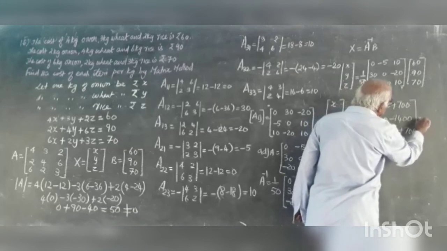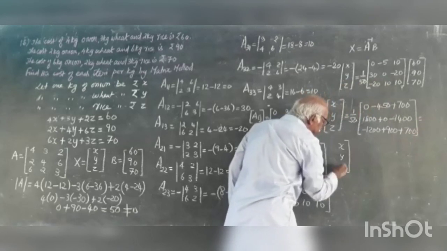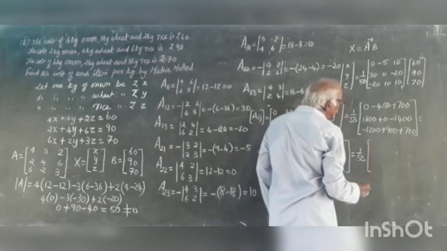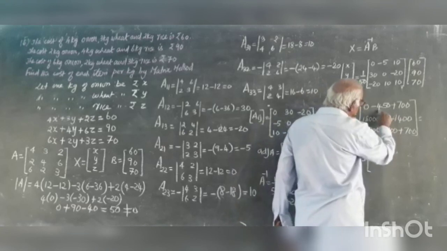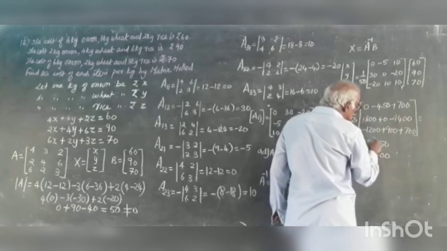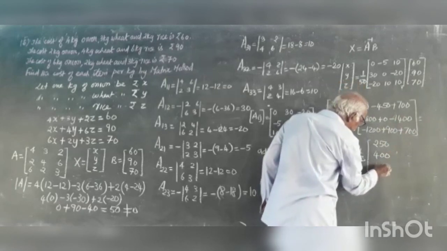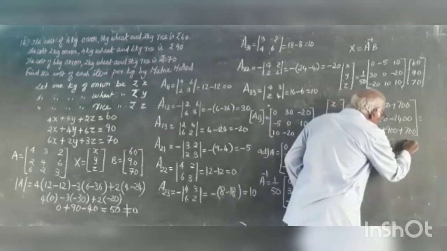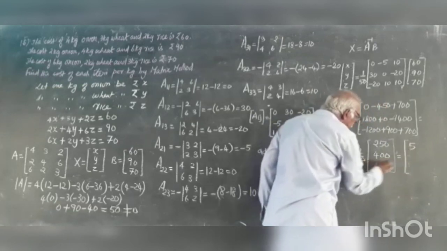If you simplify, X, Y, Z is equal to 1 by 50 into 250, 400, 400. So 1 by 50 into 250 is 5, and 400 into 1 by 50 is 8.